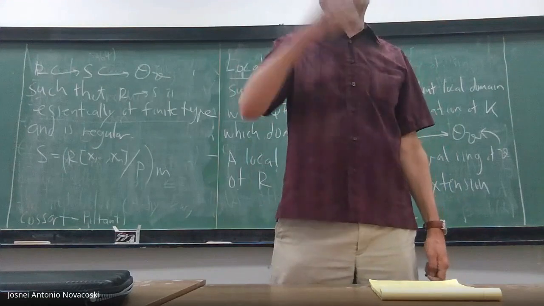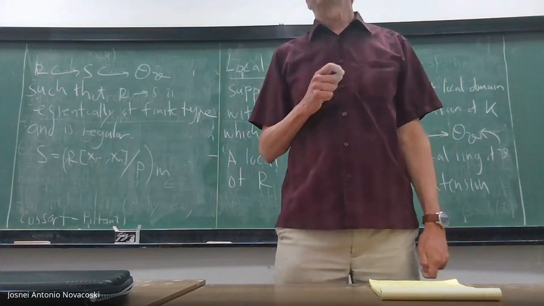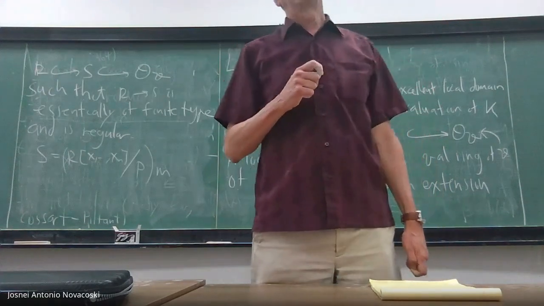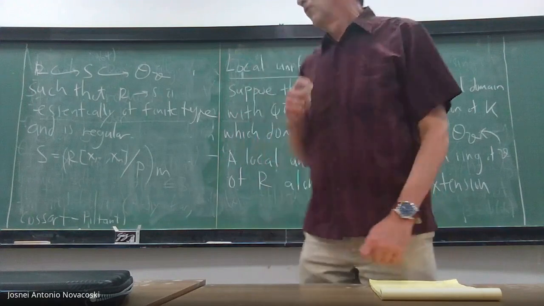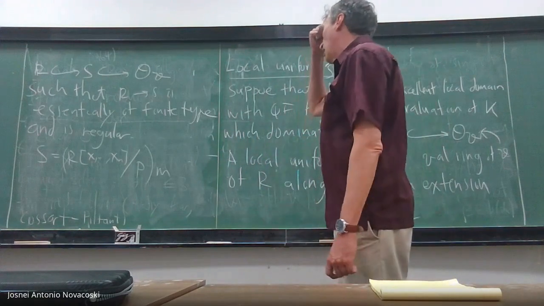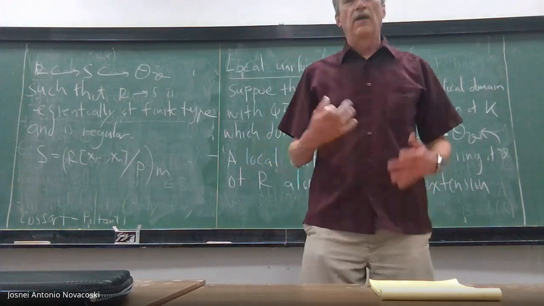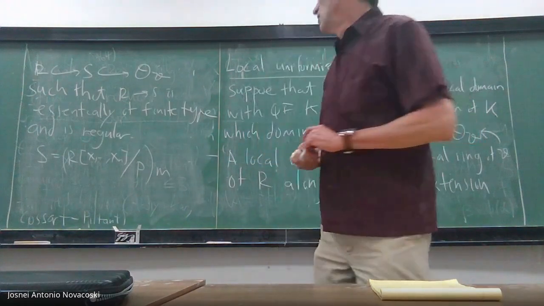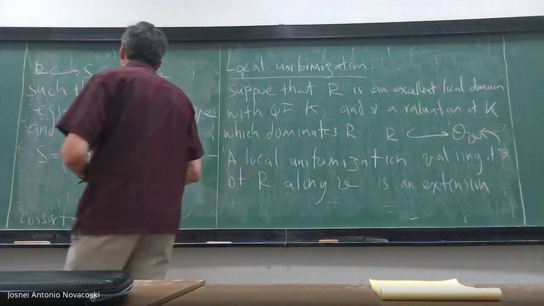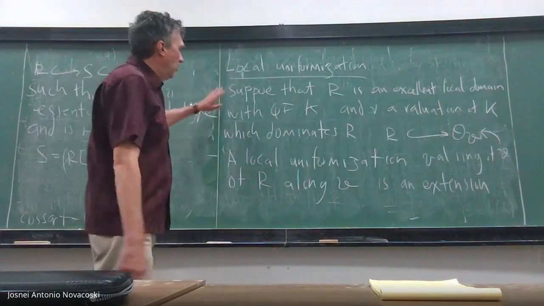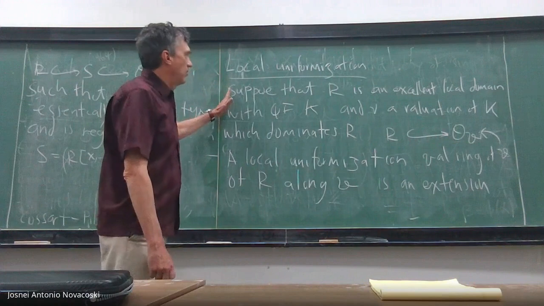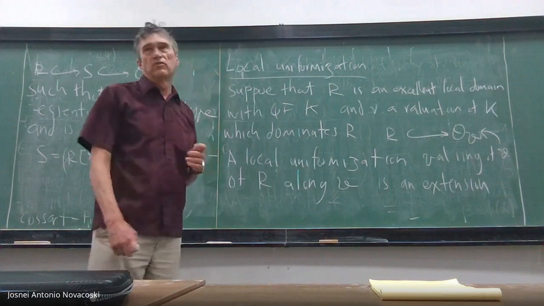If you take the union of all of those local rings at the singular points, that will be a valuation ring. So at least you can see from this algorithm, if you apply it in dimension 2, that the obstruction to resolving singularities will be overcome if you can perform local uniformization.